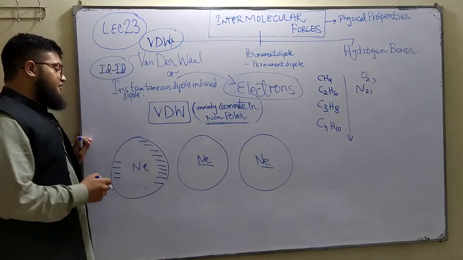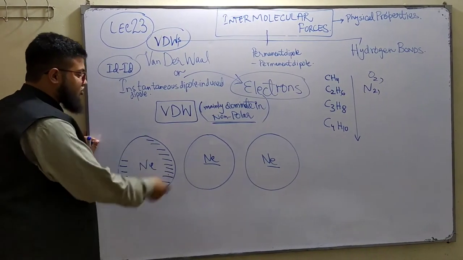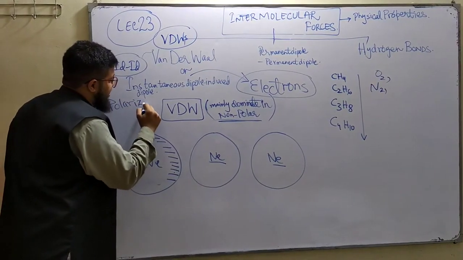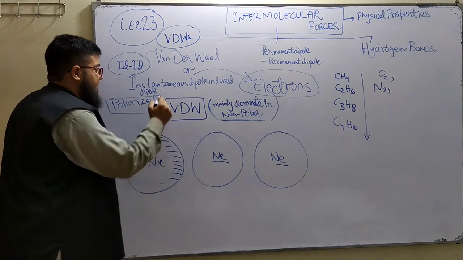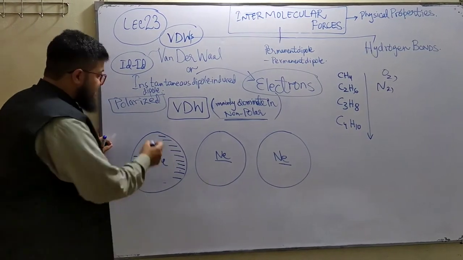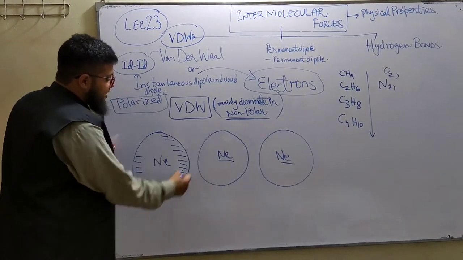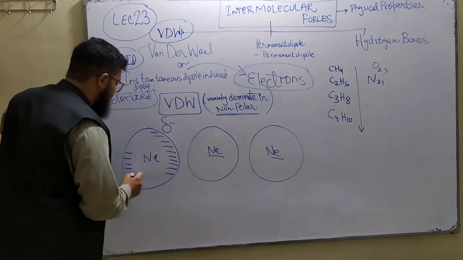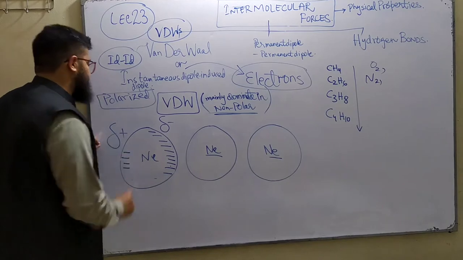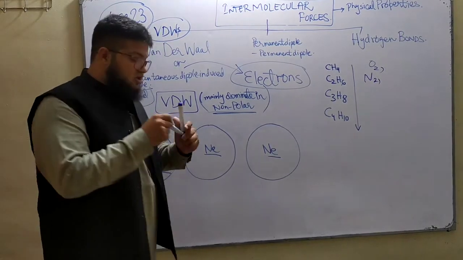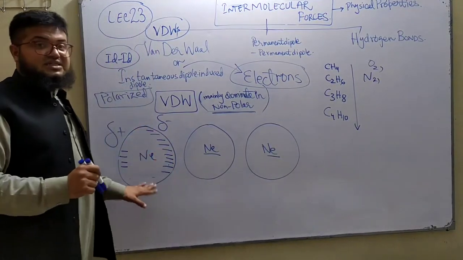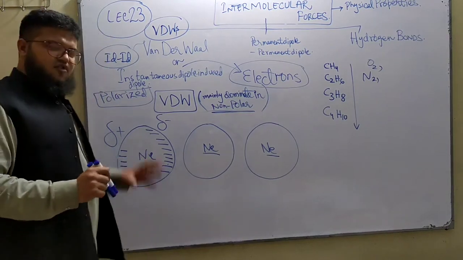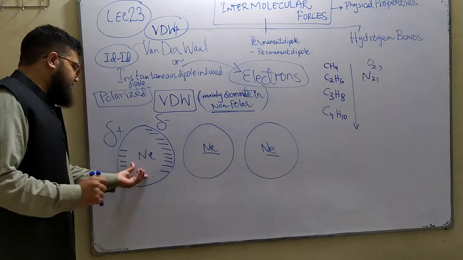When this happens, we say that the electrons have become polarized, meaning they have accumulated on different poles. The pole with an excess of electrons gains a partial negative character, and the other pole gains a partial positive character. This is called an instantaneous dipole, and it exists just for a short instant, a small period of time.